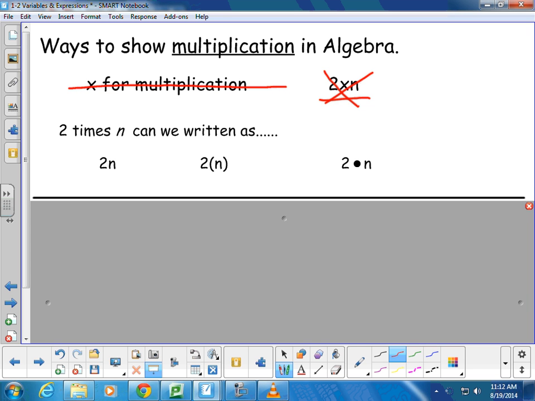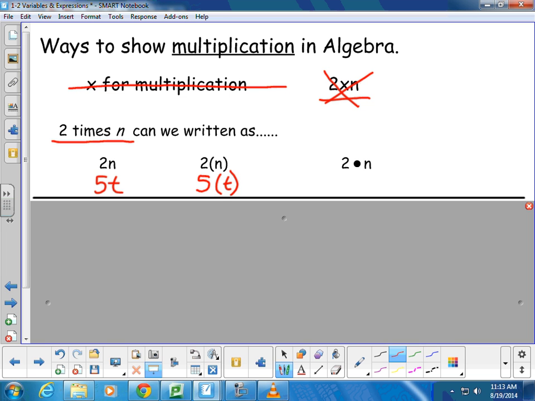What you can use are a couple different things. If I wanted to see what 2 times the variable n was, it can be written a couple different ways. 2n, when you just put a number next to a variable. So if I did 5 times t, the number next to the variable represents multiplication. Separating two values by parentheses also represents multiplication. If I want to do 5 times t, I could also separate that with parentheses.